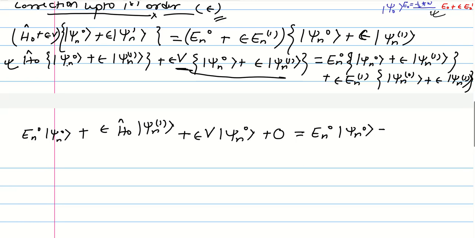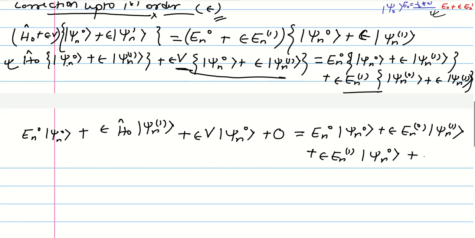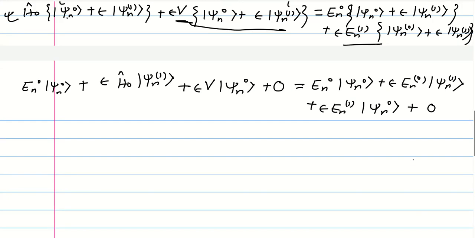Now consider the second one. The next term will be 0. Why? Because it will be epsilon square and we don't want epsilon square, so we simply put it 0, meaning we are ignoring it.